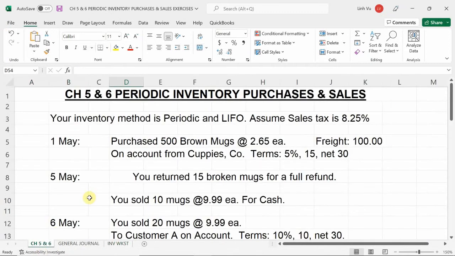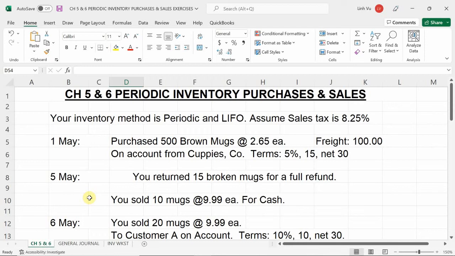So in this case, okay, your inventory method is periodic and it's LIFO. Okay, so assume that sales tax is 8.25%. So if on May 1st, okay, we end up purchasing 500 brown mugs at $2.65 each, okay?